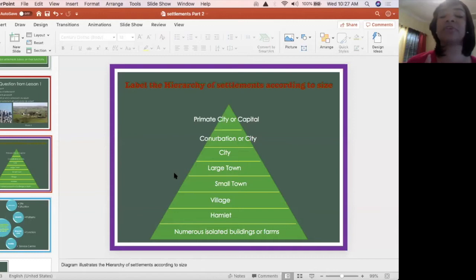And starting from your large town, your city, your conurbation, and your primate city, those would be considered your urban areas. So one thing I want you to remember is each one of these settlements going up is bigger than the other. You can also refer to our PowerPoint presentation on yesterday's lesson. Now let's continue.